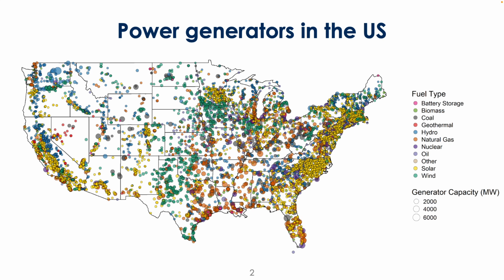And then we're mainly going to be starting with talking about fossil fuel plants today. The main ones are going to be the coal plants in gray and natural gas plants in orange.